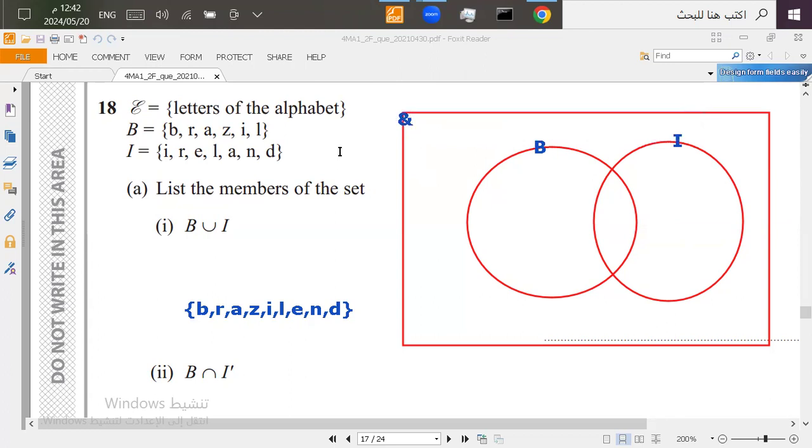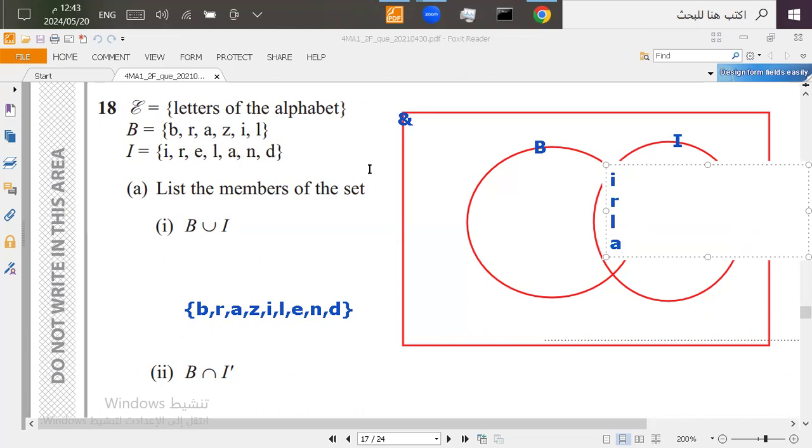Now, let's fill them with the letters. We have B, Brazil, here. I here. Now, first, we have to find what's common between them. The common ones between them, we have the I, so we write it here. I, and we have the R, so R, and we have the L, A, and that's it.